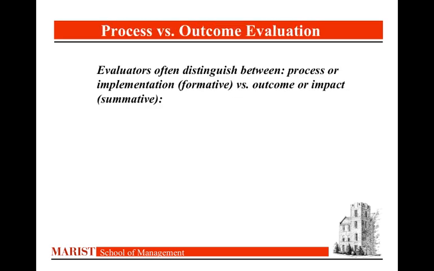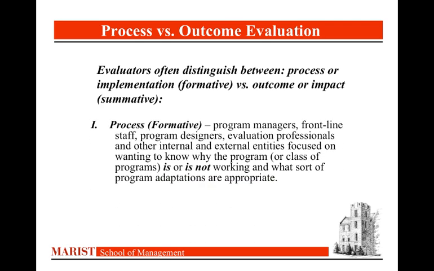Evaluators usually will distinguish between process implementation and outcome or impact. So if you're looking at process, this is what mainly your program managers, the people who are doing the day-to-day work, are going to be focused on, because they want to know whether or not that process is working, so that they can make minor course corrections, right?